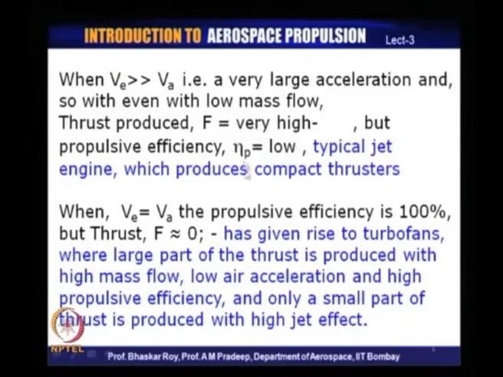So, a combination of these two is what we see today in the form of turbofans, and a judicious mix of the two would give you an overall propulsive efficiency, which would be quite good.